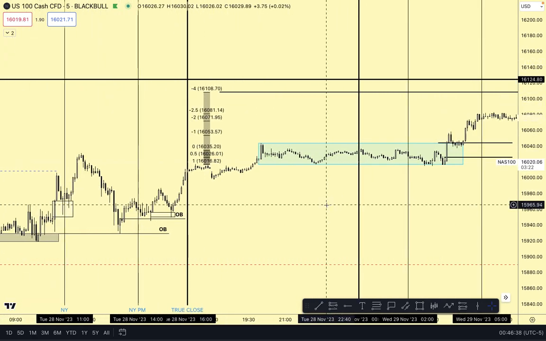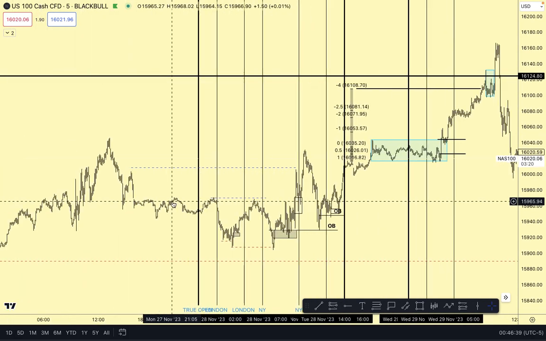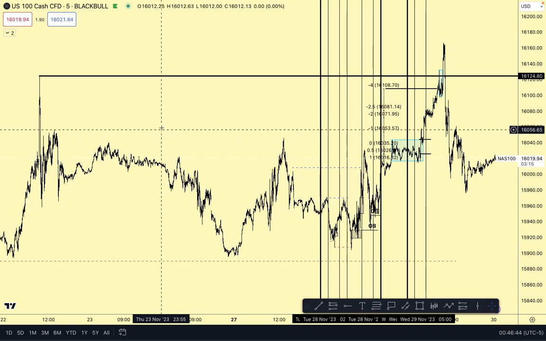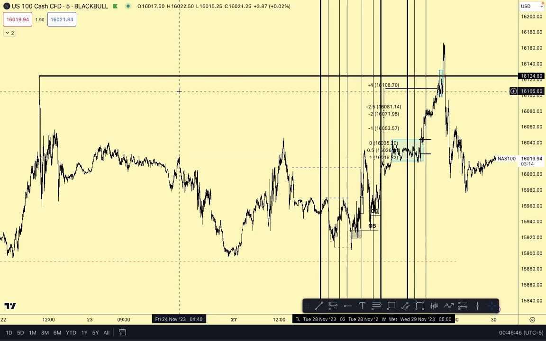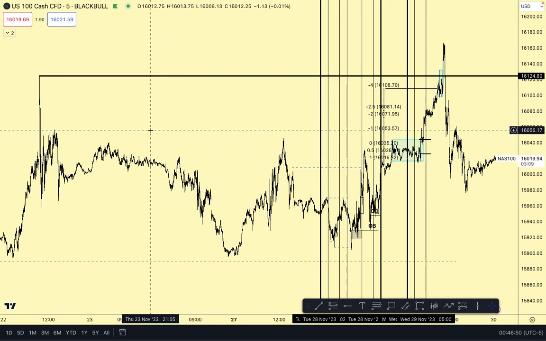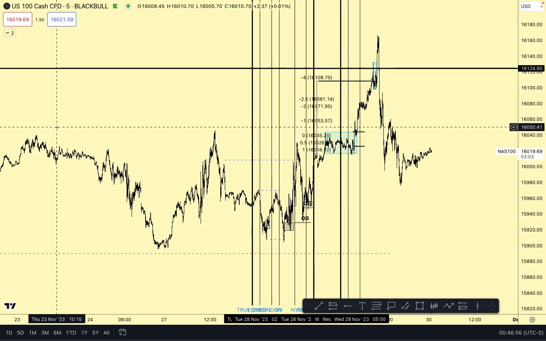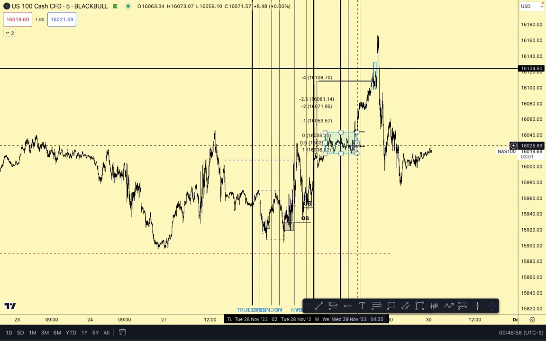And then we had a swing. Where were we here? Okay. Looking at it, we were consolidating just under.